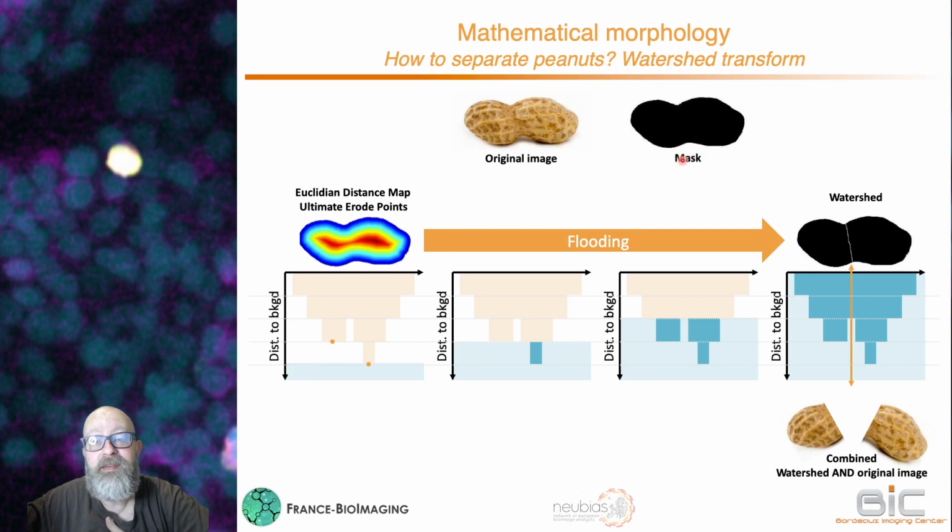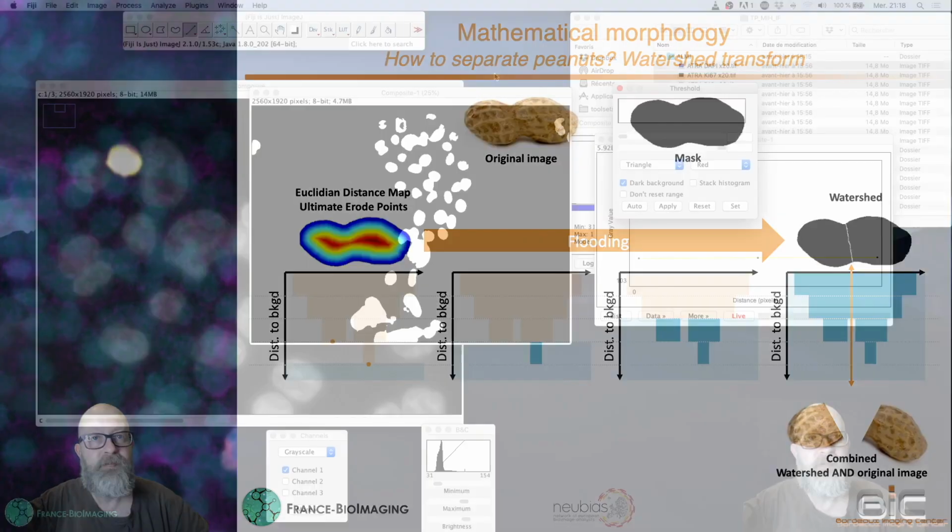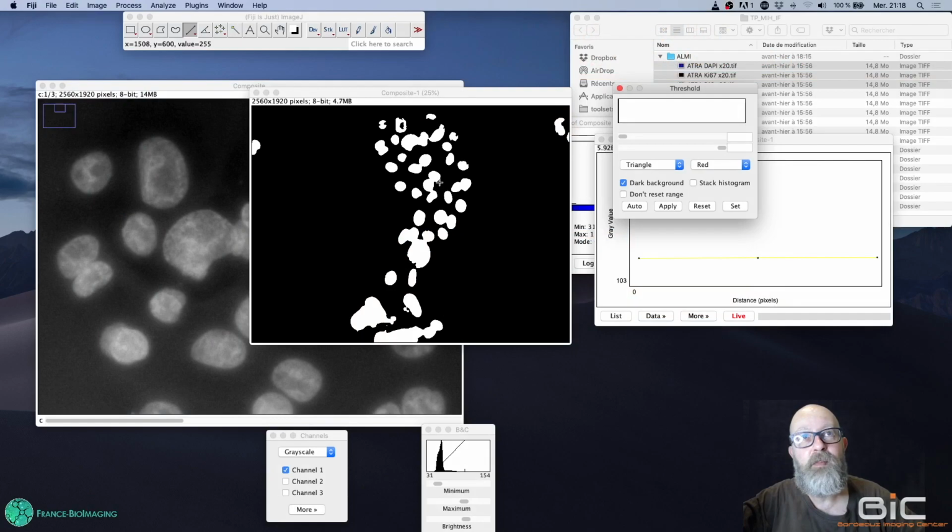And on a mask, you can do plenty of operations, which are called morphological mathematic operations. And in particular, I will show you one and explain to you one specific operation, which is called Watershed, and which will be really useful, especially knowing the issues that we will have with some of the nuclei touching.